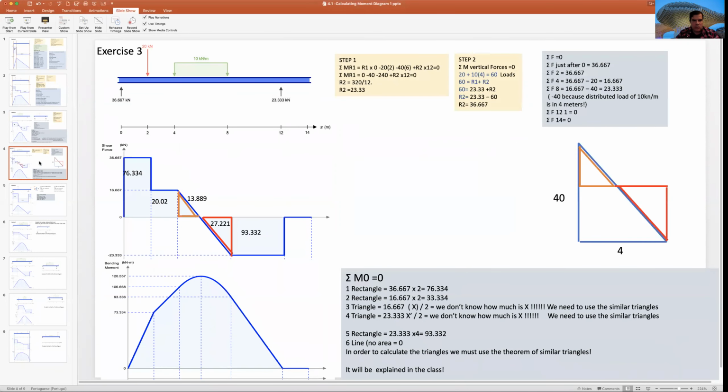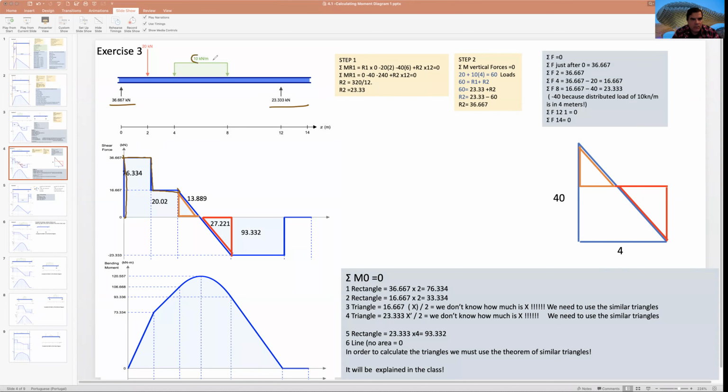Well, let's do one that is a little bit more difficult. Look what happens here. We have a distributed force in the center and a force over there. When we do our beams, it will not be a big deal. We calculate our reactions and we go up 36, nothing happens. We go down 20, we arrive at 16, nothing happens.